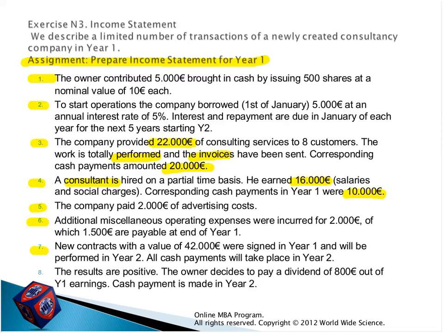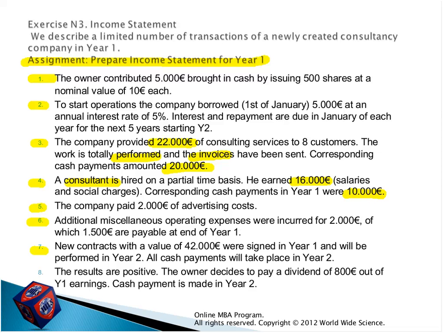For example, as we are a consulting company, our customer is going to get consulting services equal to 42,000 euro, right? And very important, we have signed the contract only, but the cash payments will be taken in the second year, in year 2.